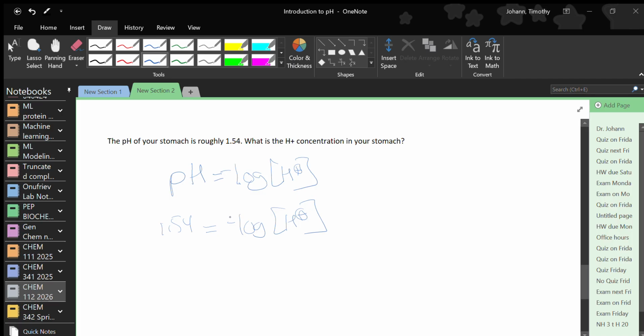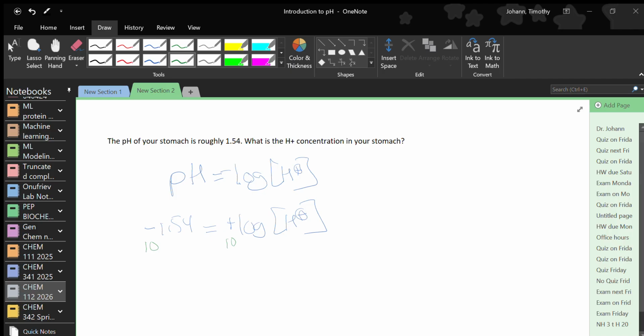First thing I'm going to do is take both sides times -1. So that's going to become a positive and that's going to become a negative. Are you guys okay with what I just did? Okay, so I'm going to do that, and then I'm going to take 10, because log is a log base 10. I'm going to take 10 both sides or raise 10 to both sides.